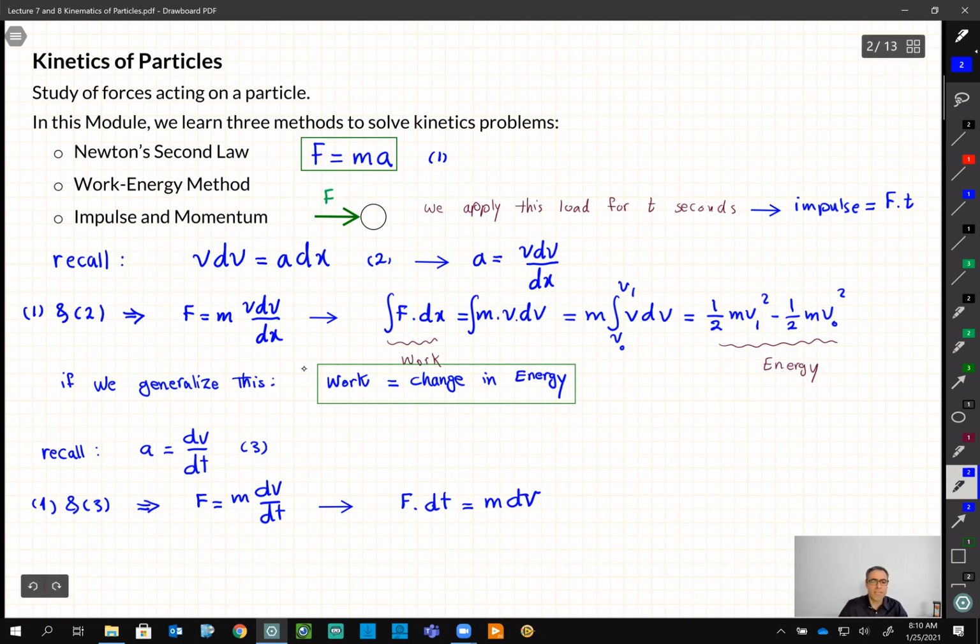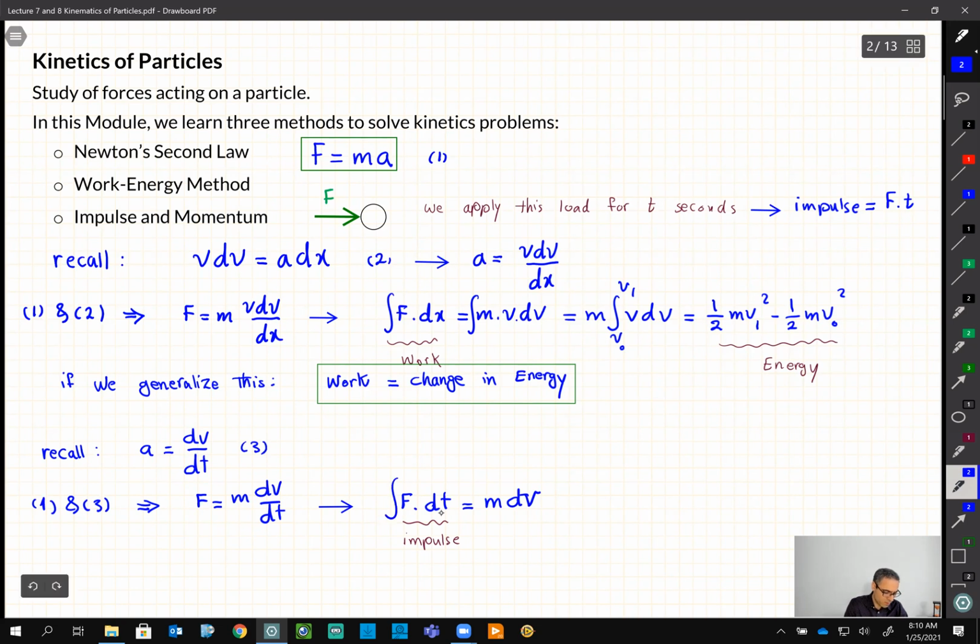So what do we have on the left? Force multiplied by time. So recall again from formula 2, force multiplied by dx, we call it work. Force multiplied by time, we call it impulse. Right?